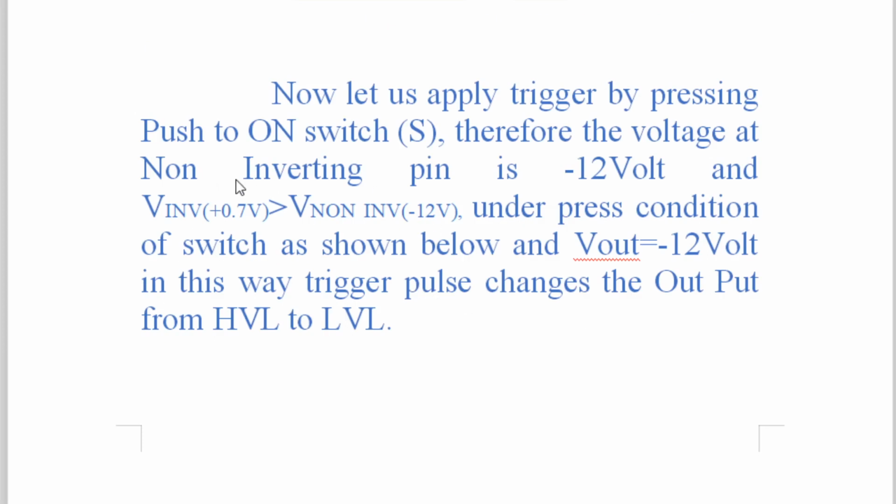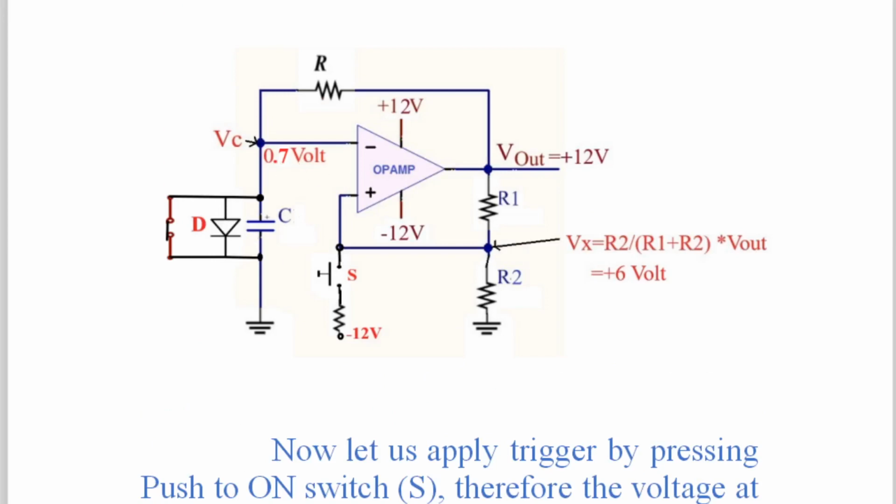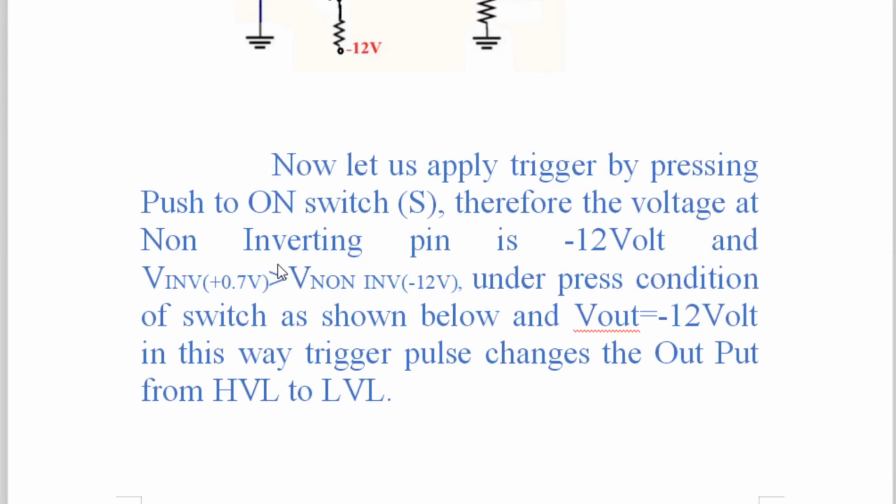The voltage at the non-inverting pin is minus 12 volt, and V inverting, which is 0.7 volt, I have written in brackets here, will be greater, meaning more positive, than V non-inverting, which is minus 12 volt, because minus 12 volt is much more negative and 0.7 volt is much more positive.